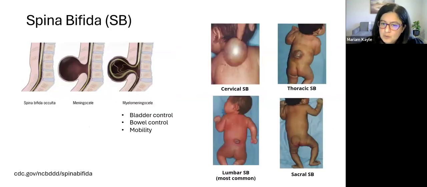I do have one more study to go over for spina bifida. The previous 2 studies that I've shared were retrospective analyses of either medical records or Medicaid claims for hydroxyurea.